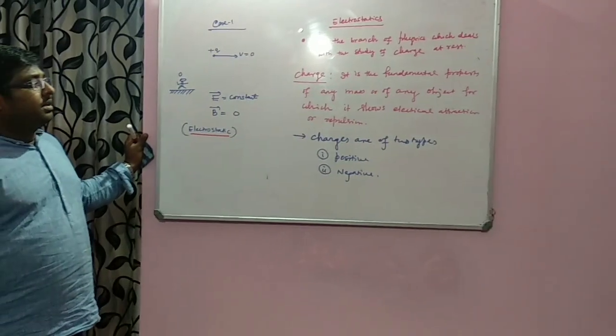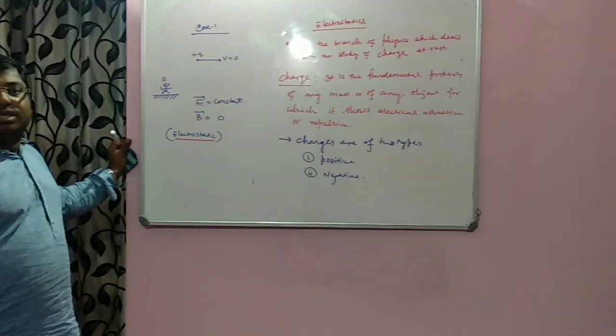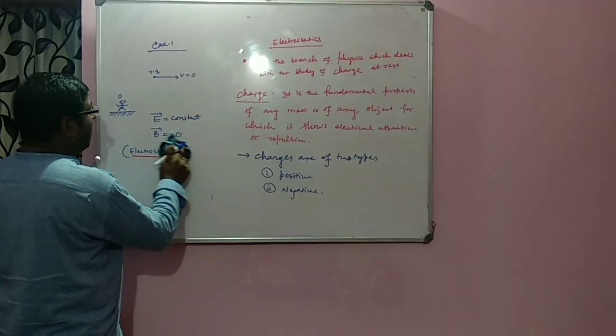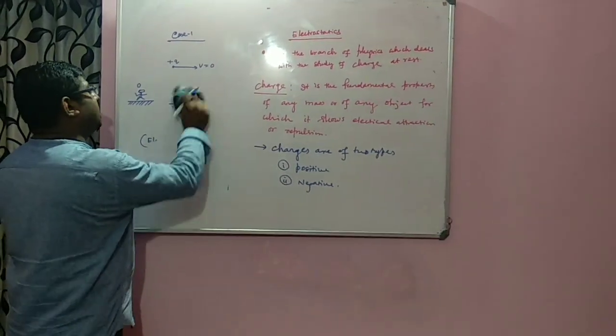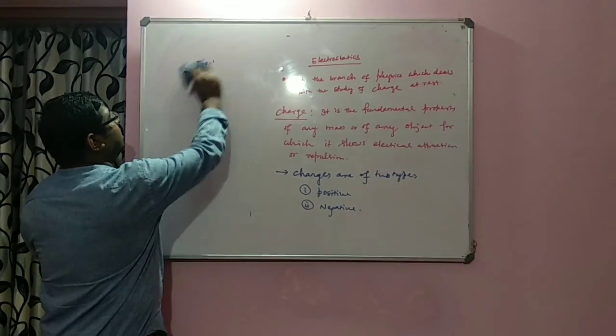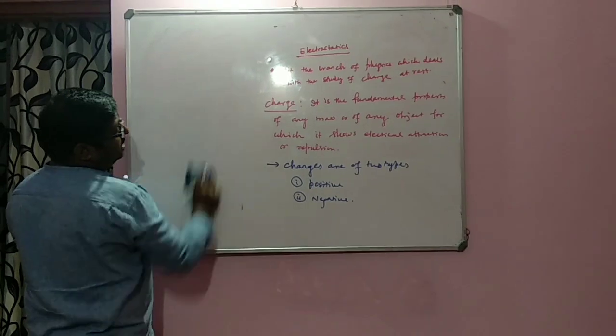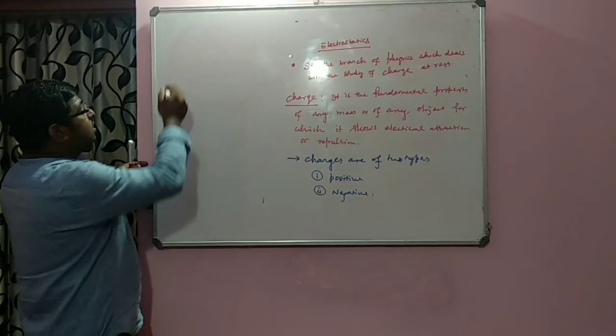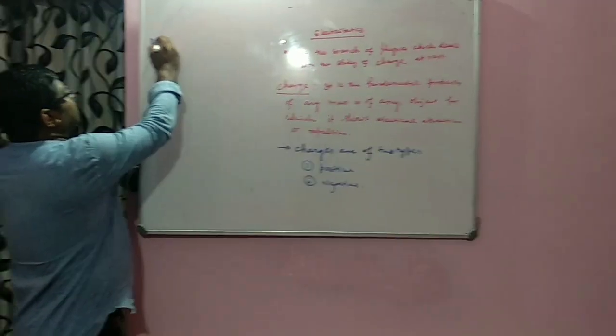So, you know about the properties of charges. Some of the properties you know from a school level, that opposite charges attract each other and same charges repel each other, right? So, properties of charge.